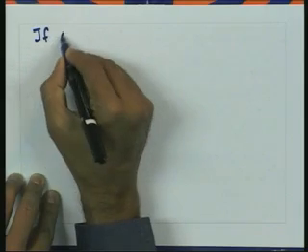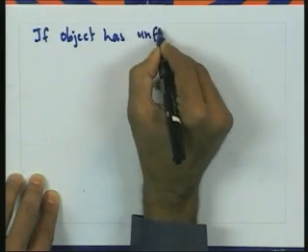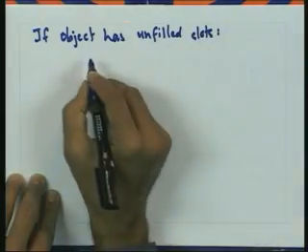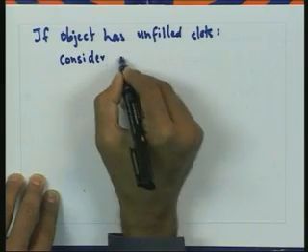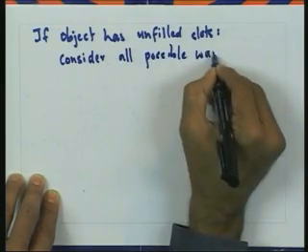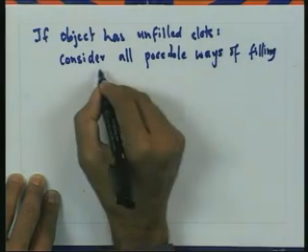If object has unfilled slots, we are going to consider all possible ways of filling the next slot.